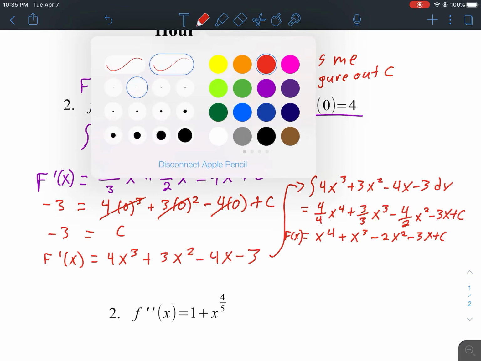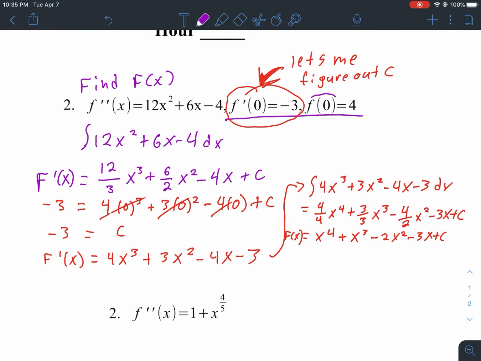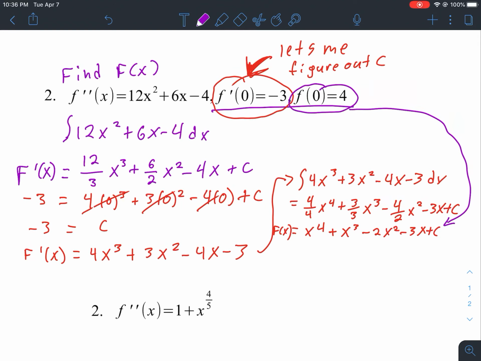Now, we are told that the function evaluated at 0 is 4. So this lets me figure out this second c. So if I plug in 0, I get 4. So 0 to the fourth plus 0 to the third minus 2 times 0 squared minus 3 times 0 plus c.